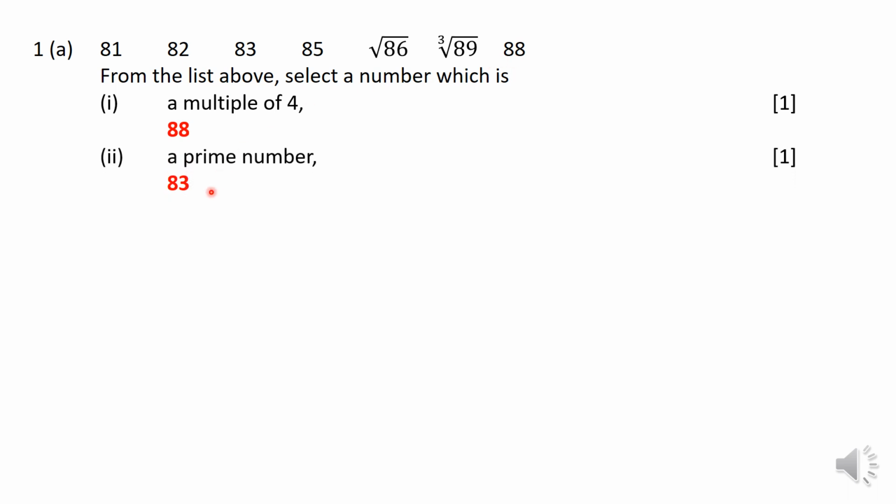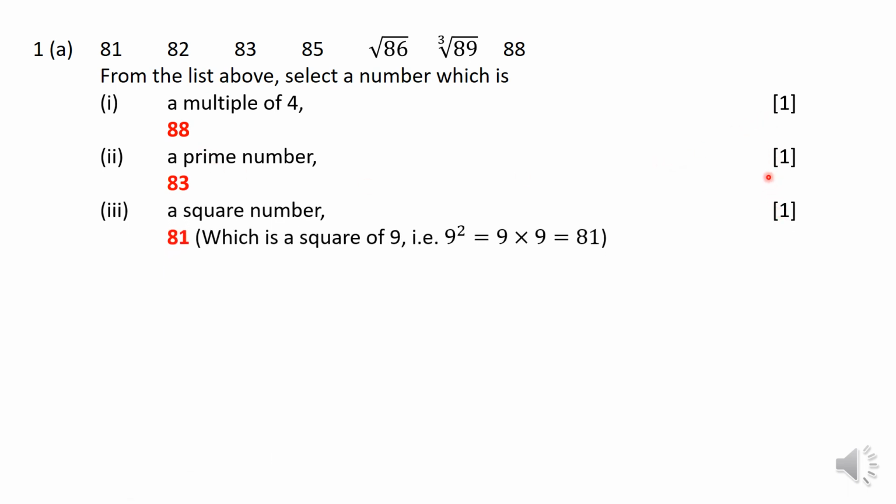A prime number is a number that only has 2 factors. That means only one and the number itself can go into that number. Please make sure that you pick the right one. These are all 1-mark questions, and they are correct answers only. A square number, 81. 81 is the square of 9. Straightforward questions. A factor of 246.